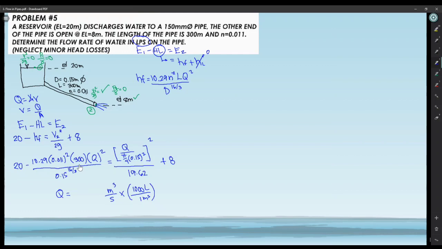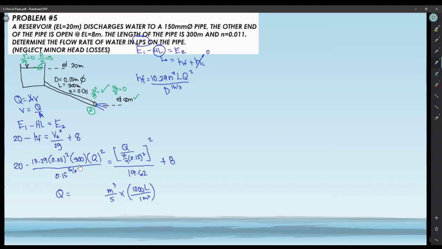So, that is equals to Q. So, mag-parenthesis ako. So, x divided by pi divided by 4 times 0.15 squared. Then, naka-squared pa siya. And then, divided by 19.62 plus 8. So, shift solve. So, hingi sa inyo ng value ng x.